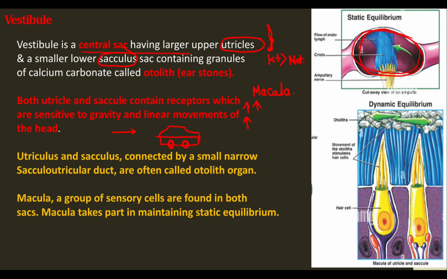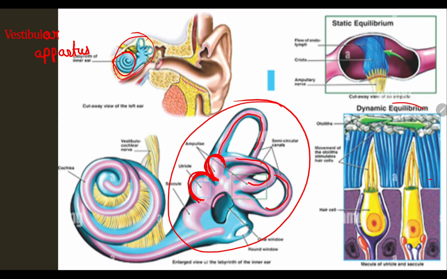Actually, in each ear we have a total of three semicircular canals: an anterior semicircular canal, a posterior semicircular canal, and a horizontal semicircular canal. They also have one sensory organ, and that sensory organ is called crista ampullaris.